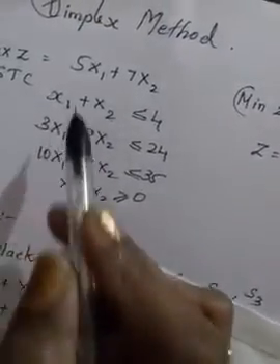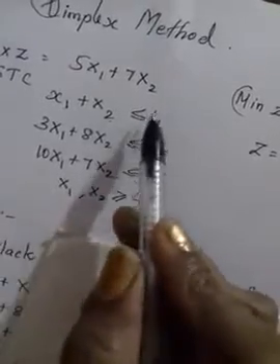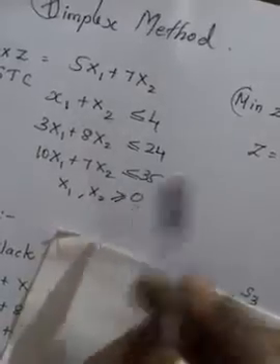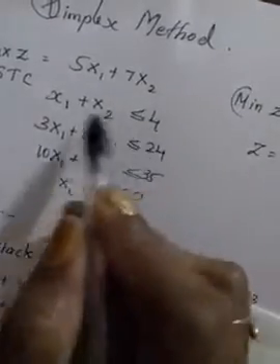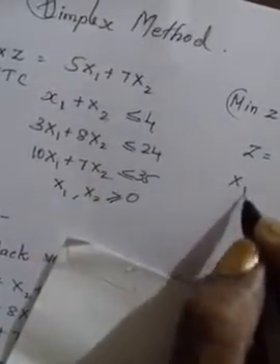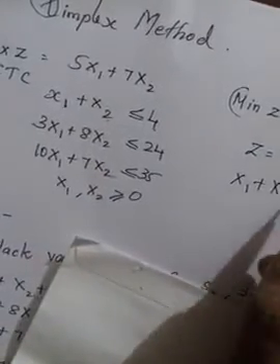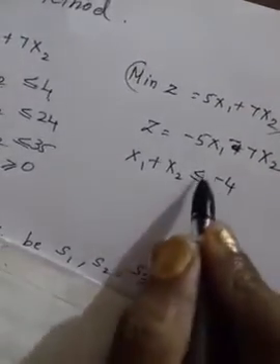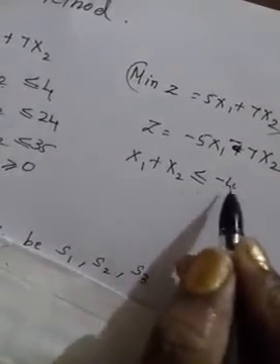Okay, see here, subject to constraints, 3 equations are given. So the inequality sign you have to check. All the signs are less than or equal to, so no issues. If any constraint has a minus on the right side, say for example you have x1 plus x2 is less than or equal to minus 4, then the entire equation you have to multiply with minus 1.